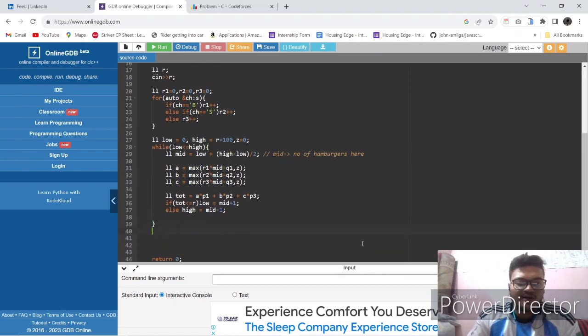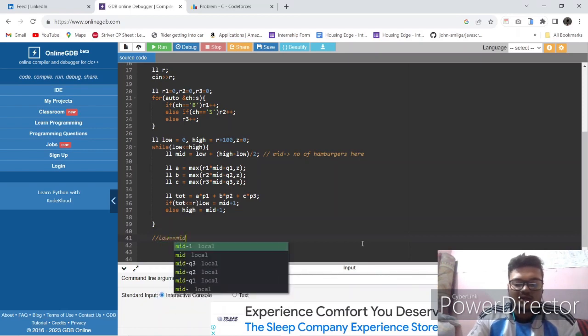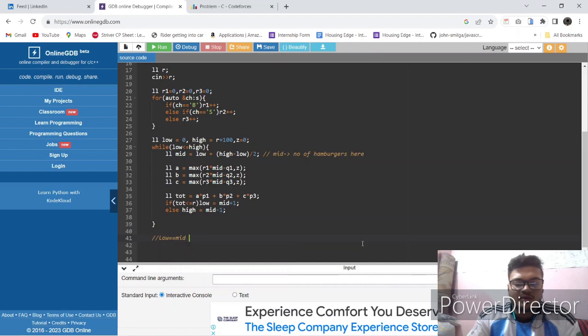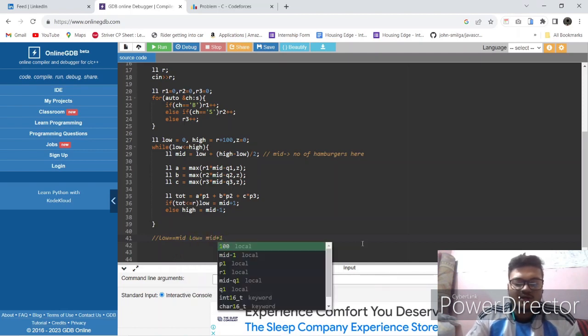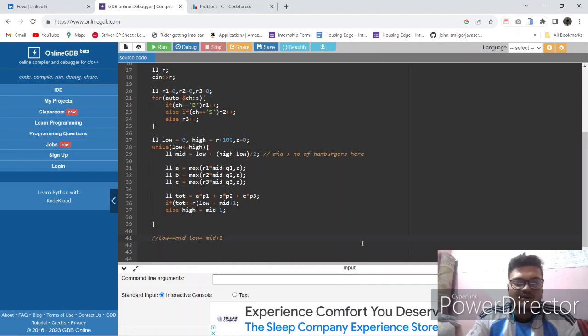Finally, low will become mid plus 1, and the answer will still remain as high. So finally we will return high as the final answer with cout and endl.